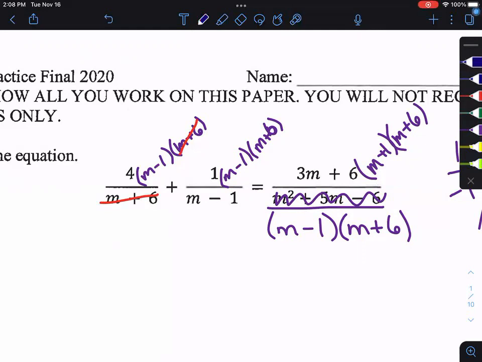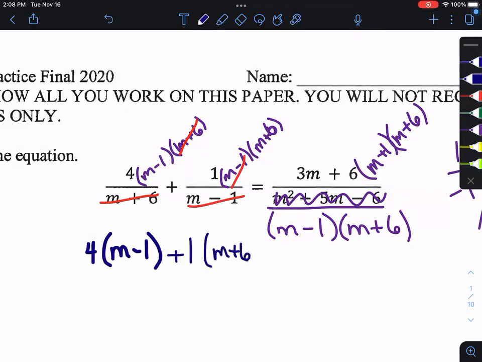That's going to leave us with 4 times m minus 1. For our second fraction, the m minus 1s are going to cancel, and that's going to leave us with plus 1 times m plus 6. Bring our equal sign down. The m minus 1s will cancel, the m plus 6s will cancel. And we're left with 3m plus 6.